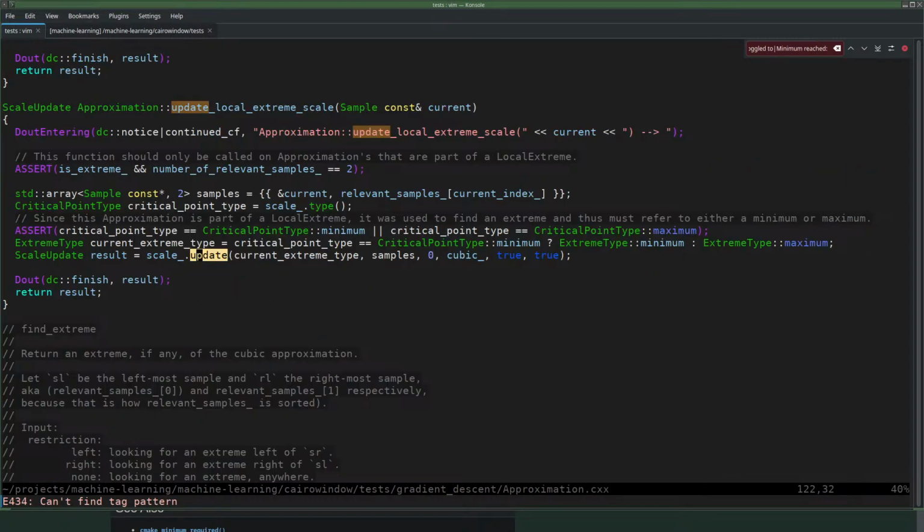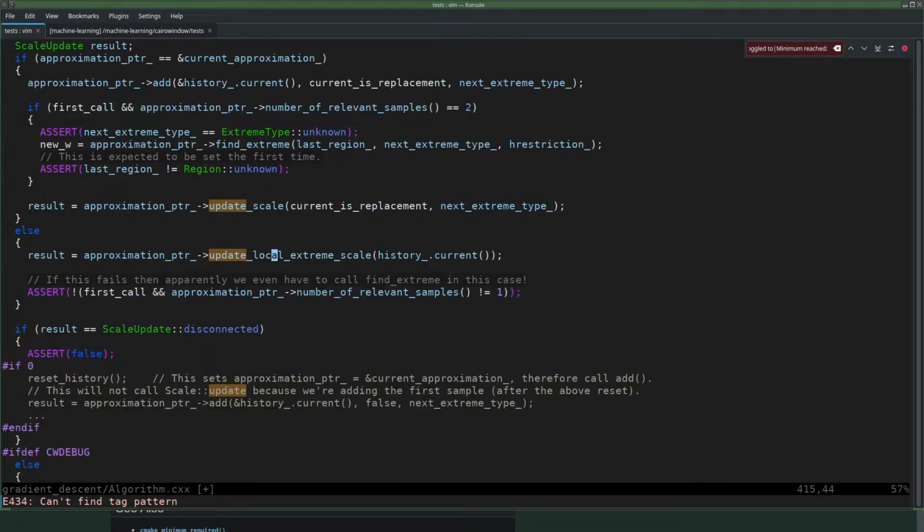Didn't do much though. That local extreme didn't do much. Not a first call. The first call is false. So it is already correct then.